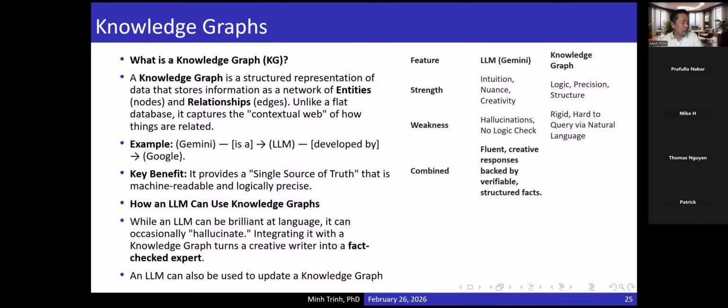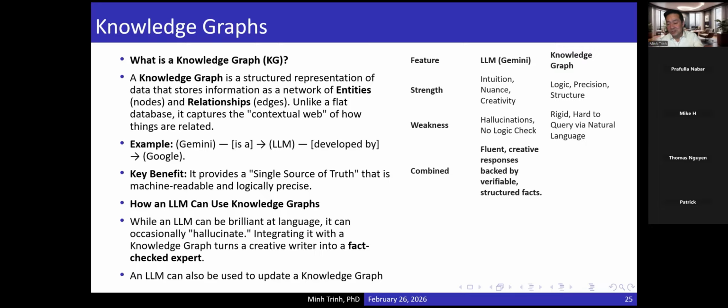I'm going to skip knowledge graphs. We don't have much time, but the idea is that today an LLM can not only use a knowledge graph, so data can be stored in a knowledge graph, but it can also encode knowledge into a knowledge graph. In fact, some knowledge graphs use LLMs to encode data. The problem with knowledge graphs is that they can become obsolete.